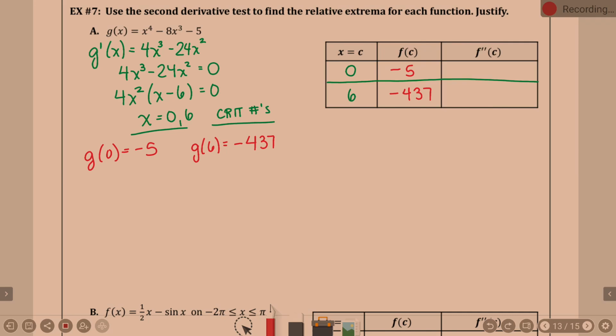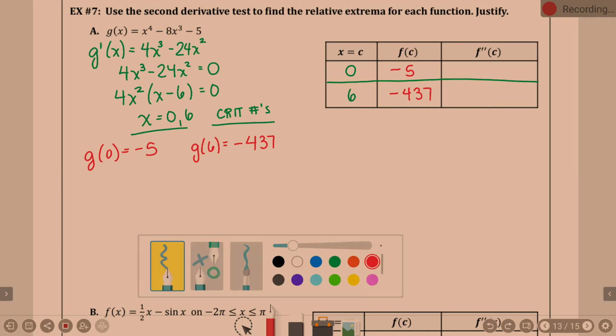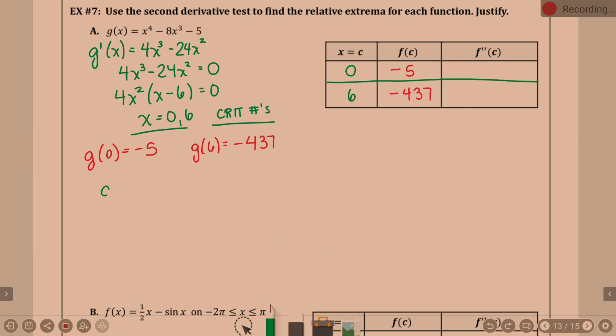Now, let's talk second derivative. You guys already found the second derivative, didn't you? The second derivative was 12x squared minus 48x.